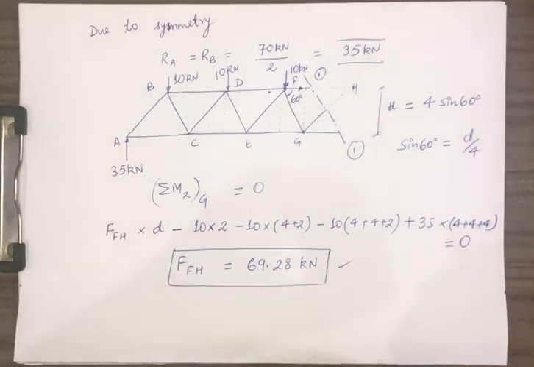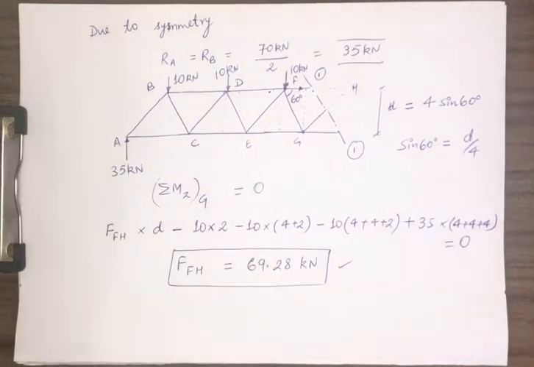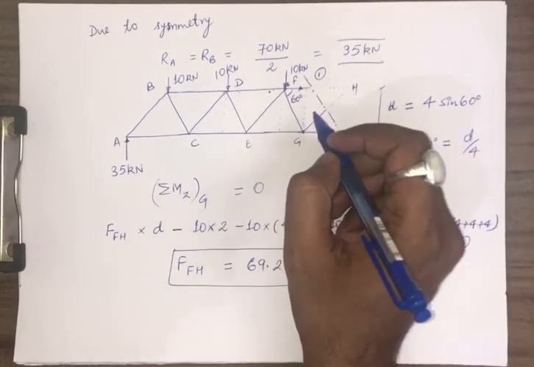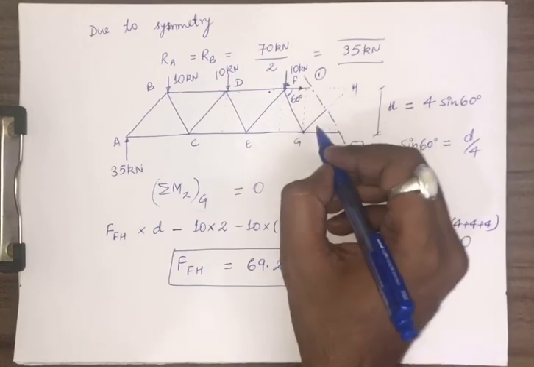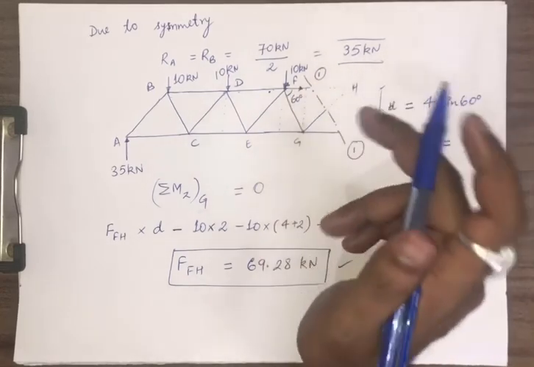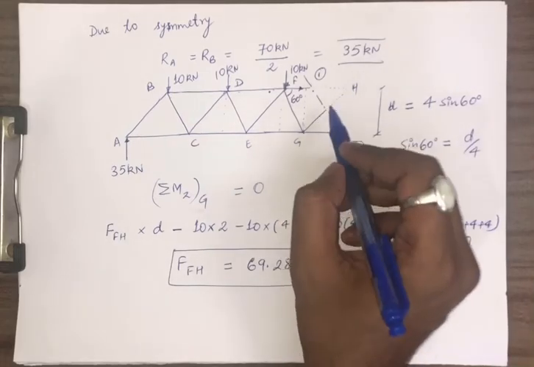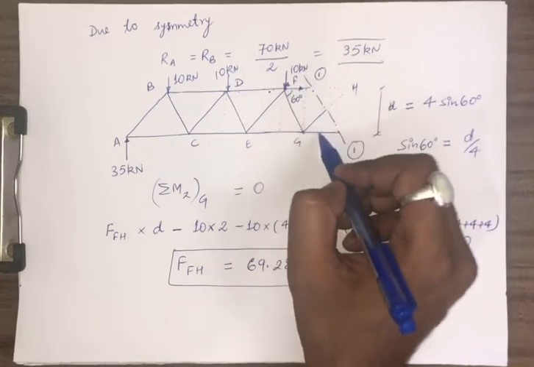Okay, the direction is correct, we have assumed the correct direction. Clear? So one force we have got. Now what we have to do, second trick. First trick was to find the two forces which are passing through the same point. Now the trick is, these two members are horizontal.